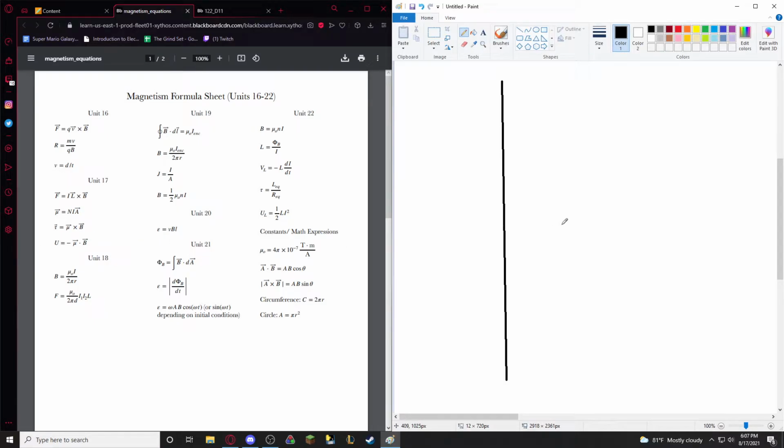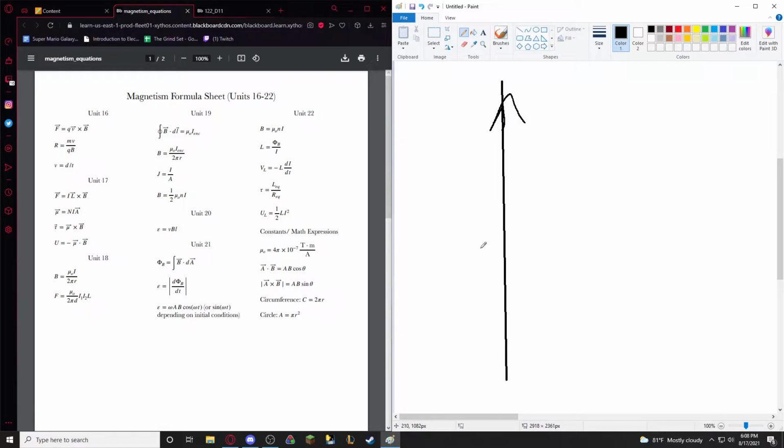And what direction is the magnetic field in? Let's say the current's going up. What does the magnetic field look like? Left side should be out of the page, and the right should be into the page.